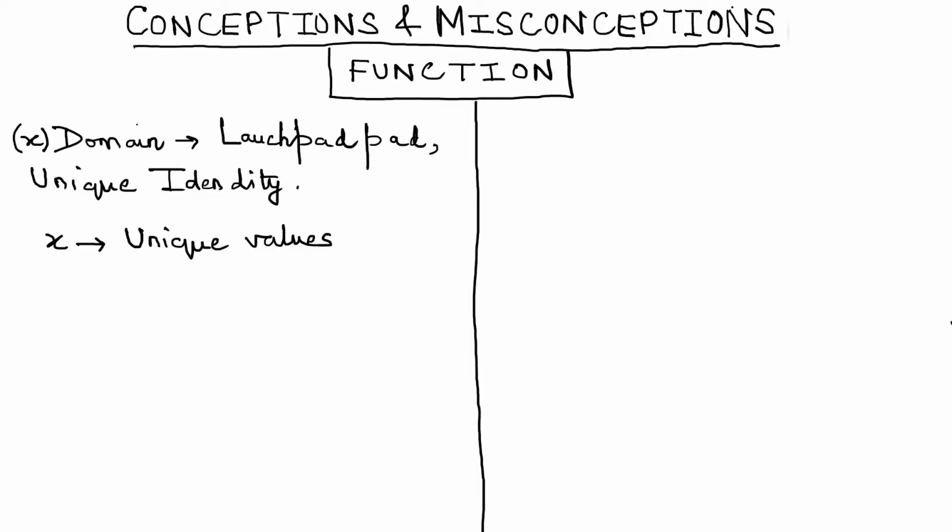Now the moment I say unique values, actually what I mean to convey here is different. The word unique itself means single. So we are talking about different values. So either we give unique values or we give the same value, which is non-unique values.